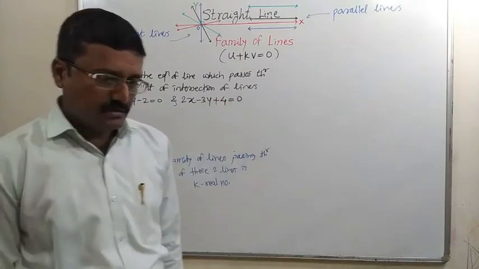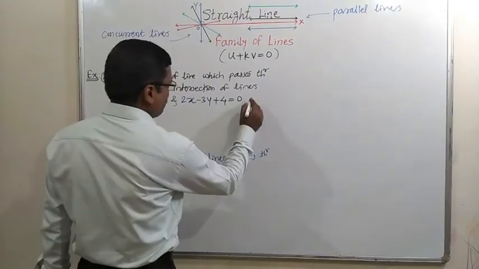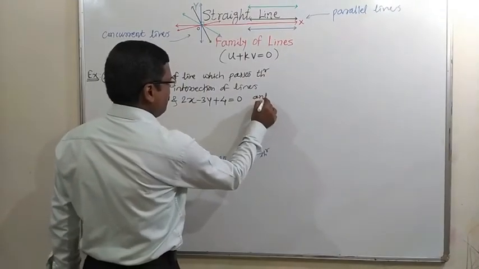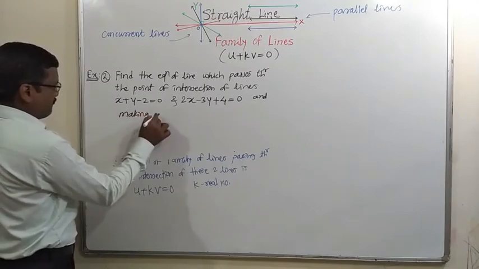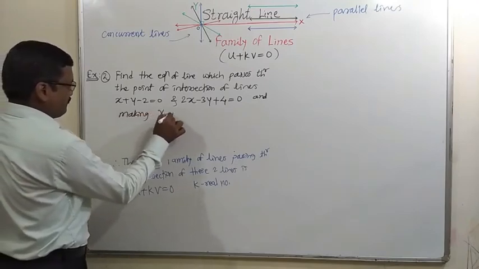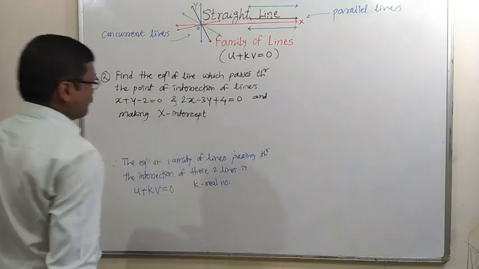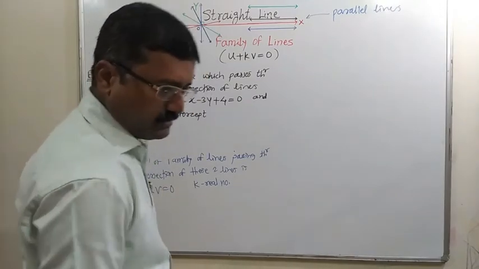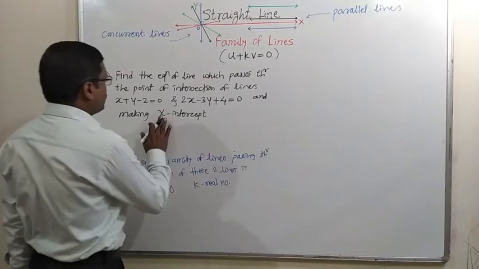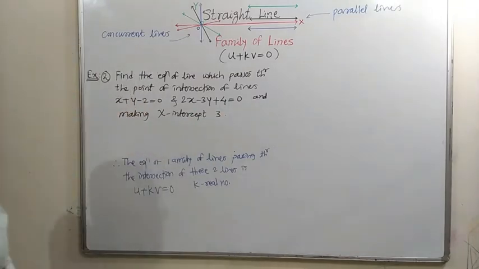This is the first information. And making an x-intercept of 3, obviously making intercept 3 on the x-axis.